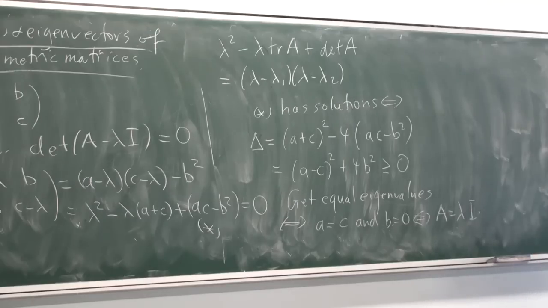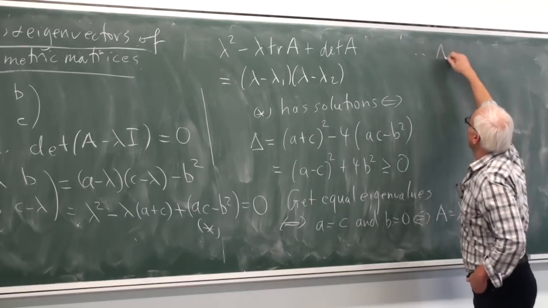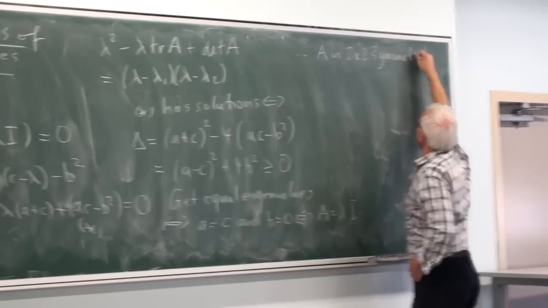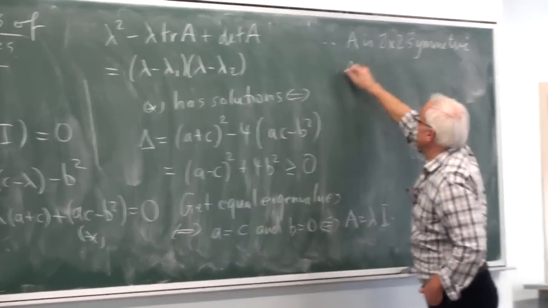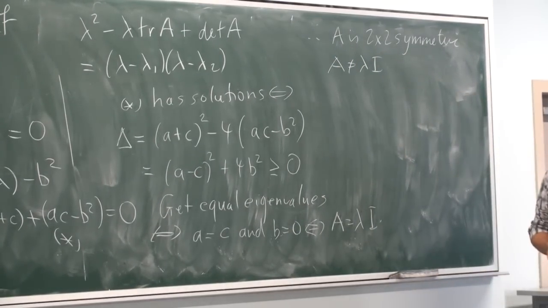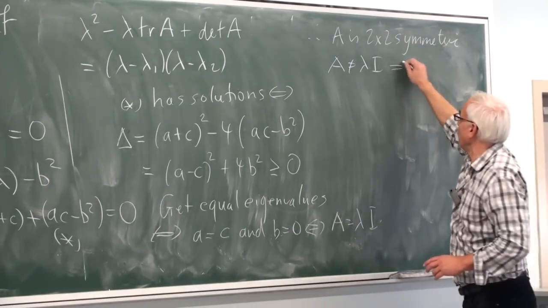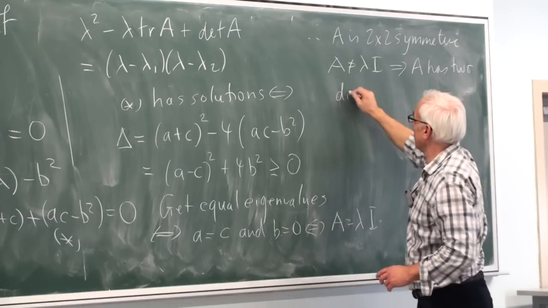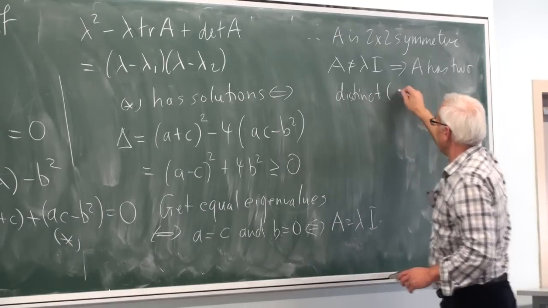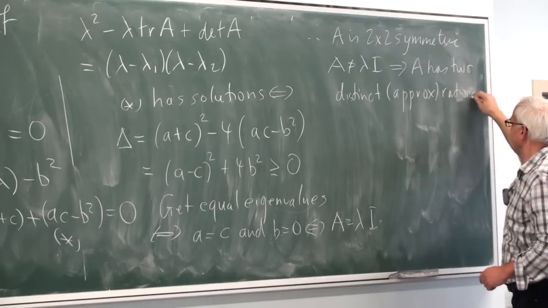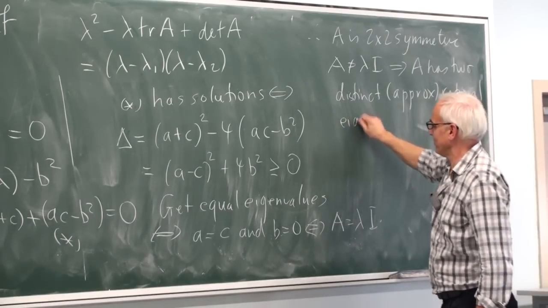So if we have a symmetric matrix which is not a multiple of the identity, so if A is a 2 by 2 symmetric matrix, and A is not equal to lambda times the identity, then we can deduce that A has 2 distinct, approximately rational eigenvalues.